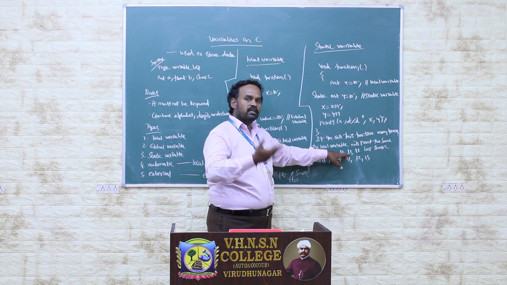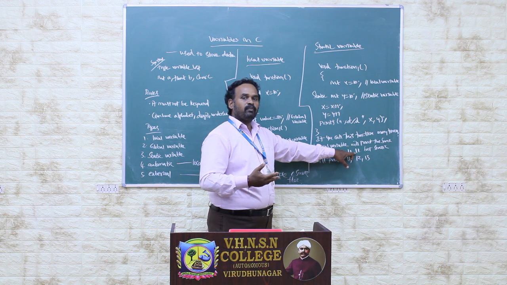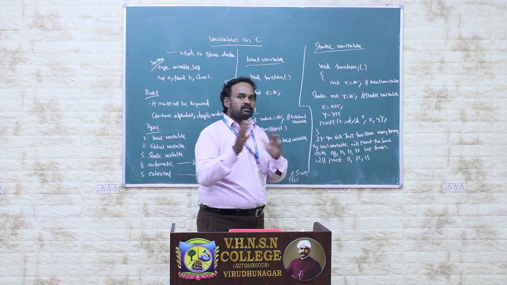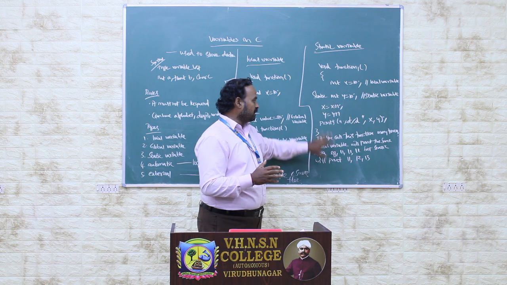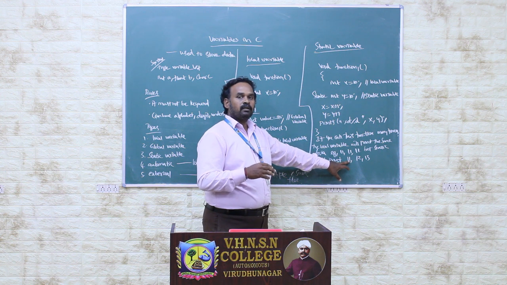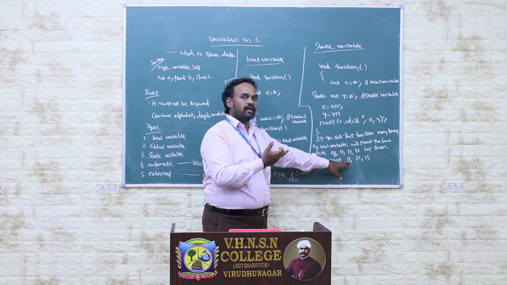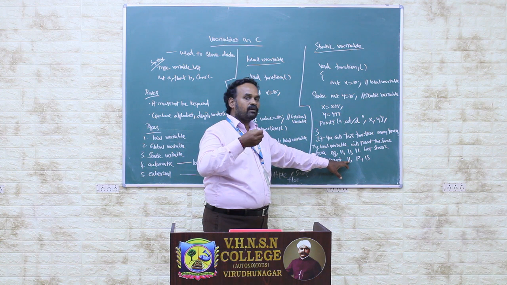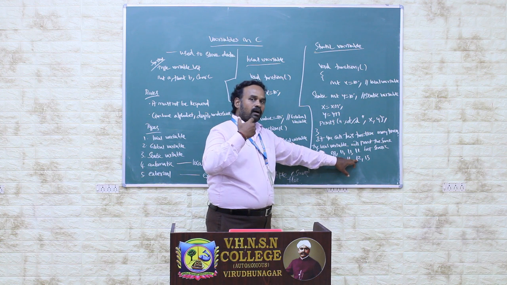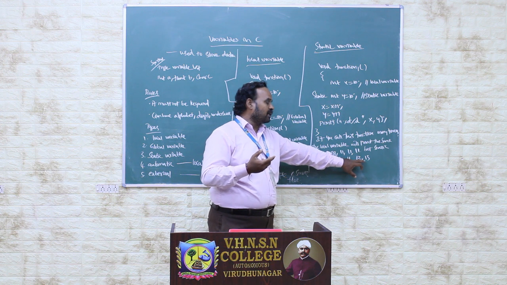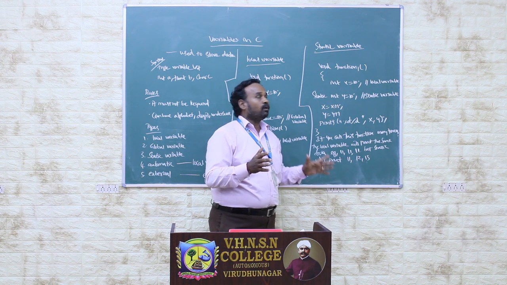Next time, again 11 will be printed. But in the case of the static variable, the first call prints 11. Then when you call the function again, it retains its value and prints 12. Then when you call it again, the value printed is 13.